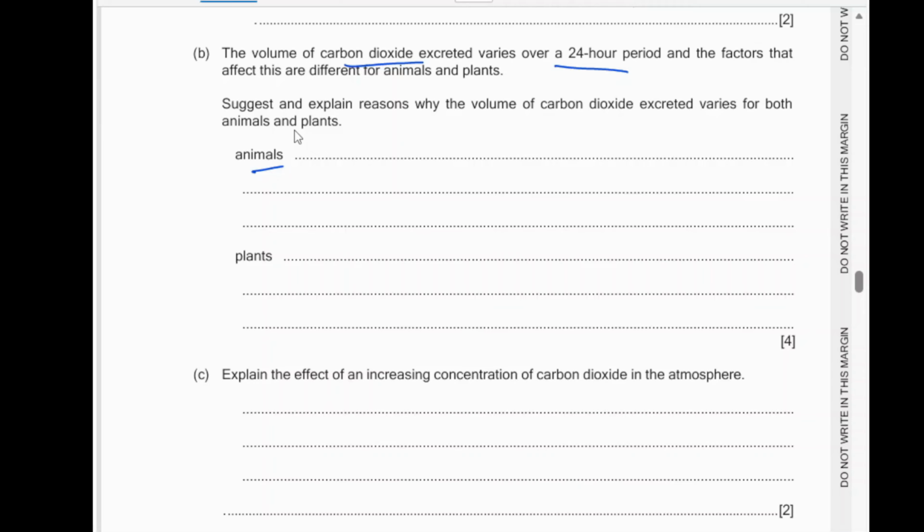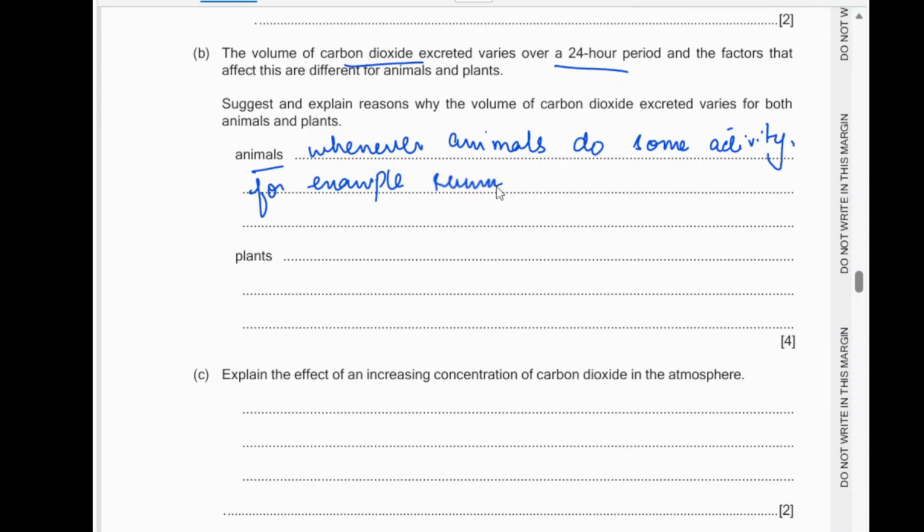So aerobic respiration means we are doing some activity. Okay? So whenever animals do some activity, for example running, there would be more aerobic respiration, so more production of energy.